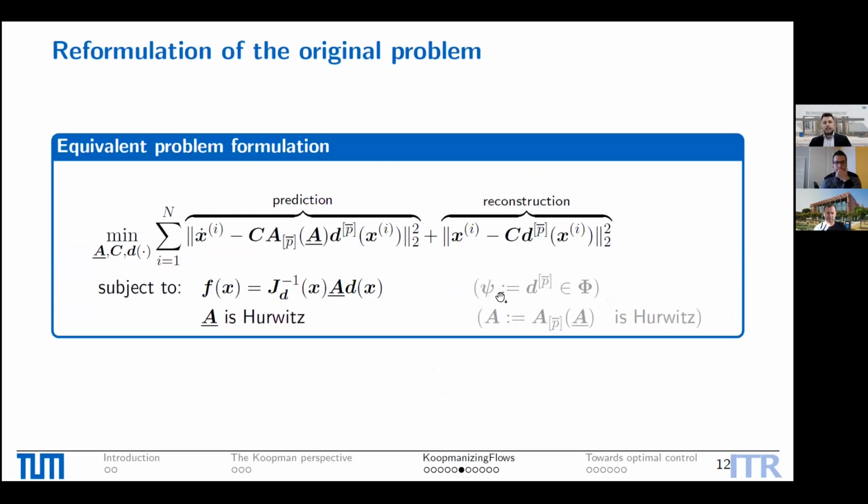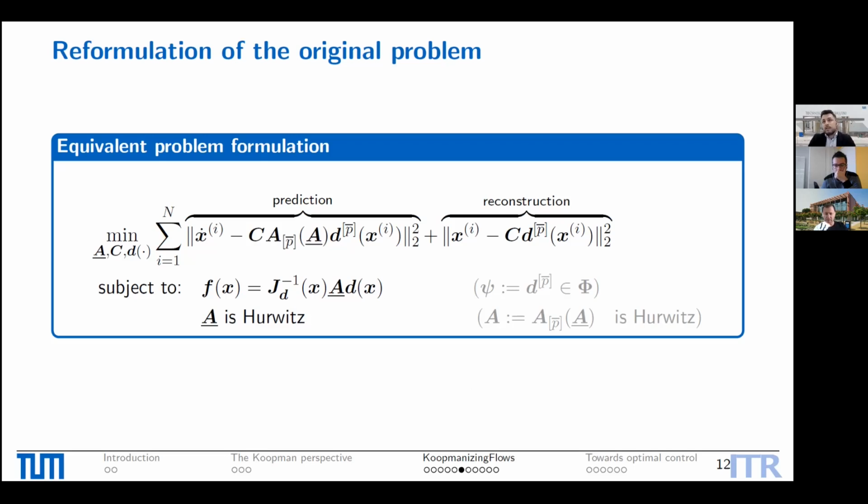Now with this construction, we can express quite simply through chain rule manipulation f of x, our actual nonlinear system, through this diffeomorphism and the evolution of the latent linear system. As we can see here, our problem formulation changes. The Koopman invariance condition is fully replaced by a constraint that is of the same dimension as the actual nonlinear system, which is quite nice.